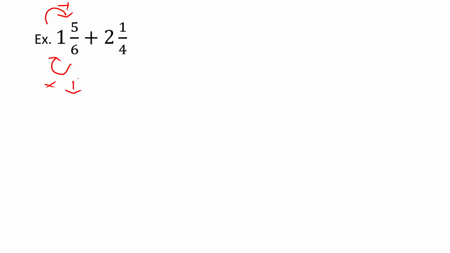So this mixed number is now 11 over 6. Plus, let's move on to the next mixed number. Multiply 4 times 2. 4 times 2 is 8. Plus 1 is 9 over 4.